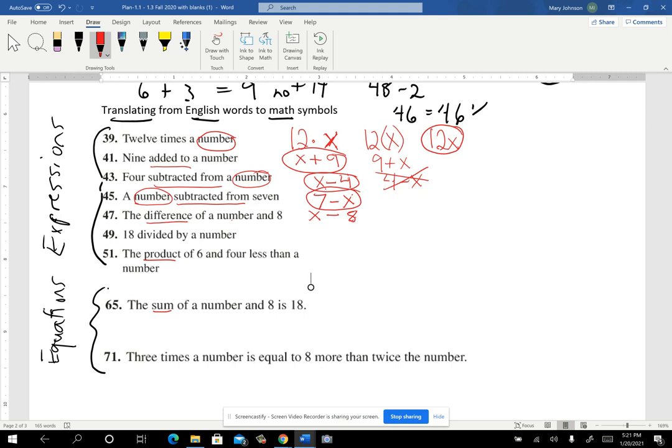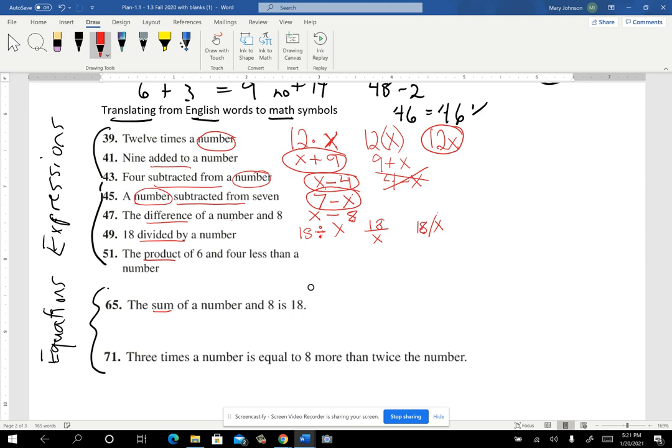All right, now 49 has divided by. So that's division. And with division, you could have done this, 18 divided by X like that. You could have written it with an 18 over X. Even that little sideways slash bar.